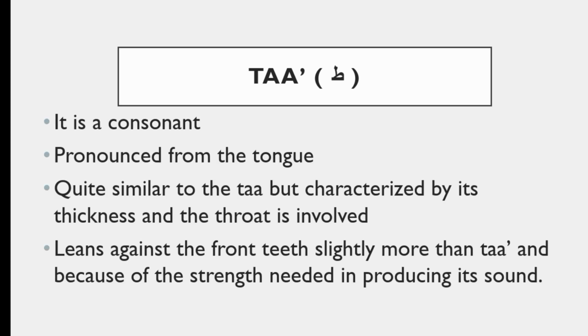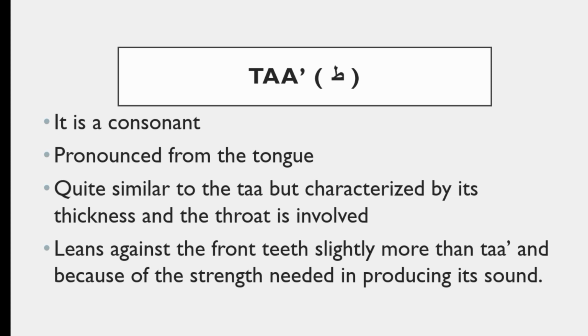We have letter po. Po is a consonant letter. It is pronounced from the tongue. That means its point of articulation is al-lisan. And it is also quite similar to letter ta, but characterized by its thickness and the throat is involved.